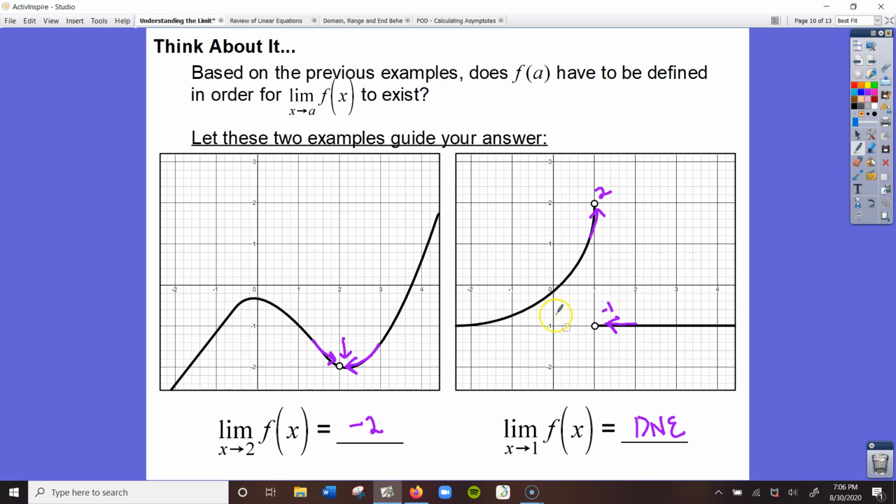Here, in the second graph, none of those values are defined and the limit does not exist, but that's because the left and the right are not equal. However, in the first graph, that function is also undefined, but the left and the right do equal, so the limit does exist. So, no, f of a does not have to be defined in order for the limit to exist.